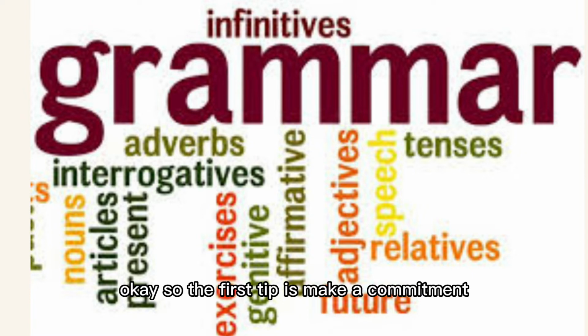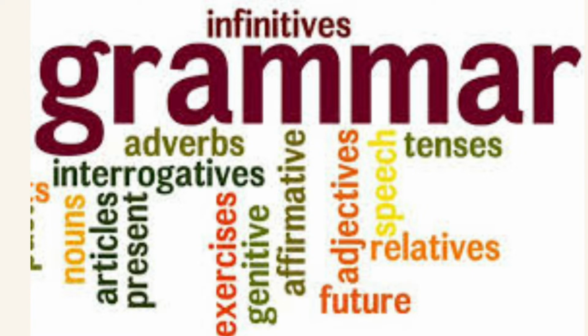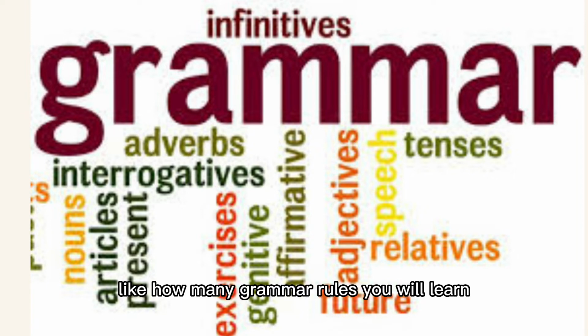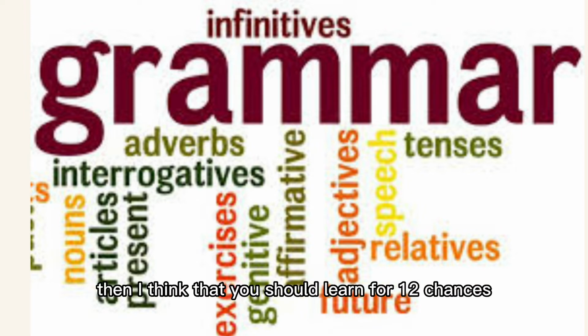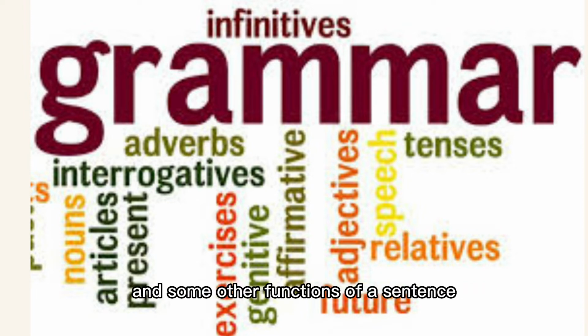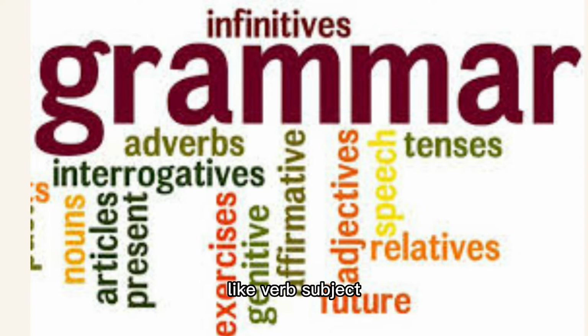Okay, so the first tip is make a commitment. In other words, make your goals or set your goals, like how many grammar rules you will learn. Do you want to learn 12 tenses or do you want to learn more? If your goal is basic, then I think you should learn the 12 tenses and some other functions of a sentence like verbs, subjects, objects, adverbs, adjectives and so on.